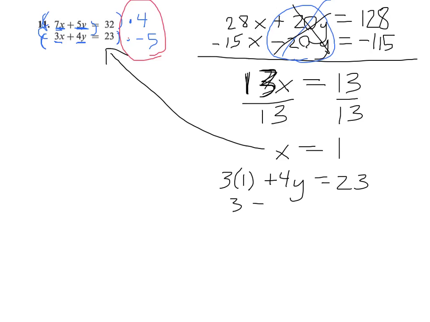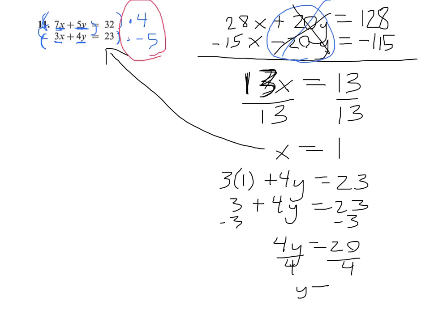We get 3 plus 4y equals 23, minus 3, minus 3. 4y equals 20. Divide by 4, and we get y equals 5. So our answer is 1, 5.